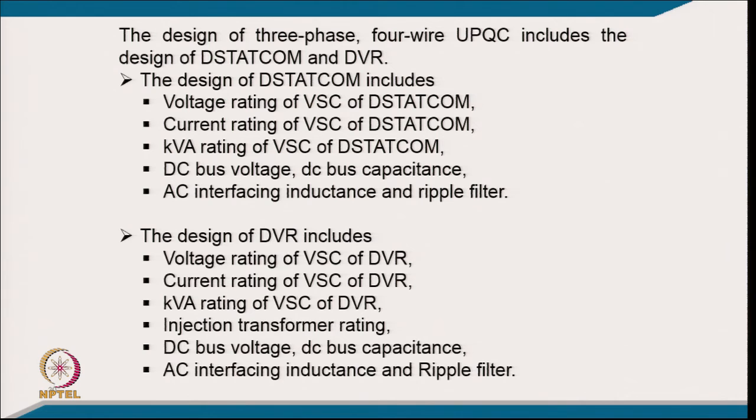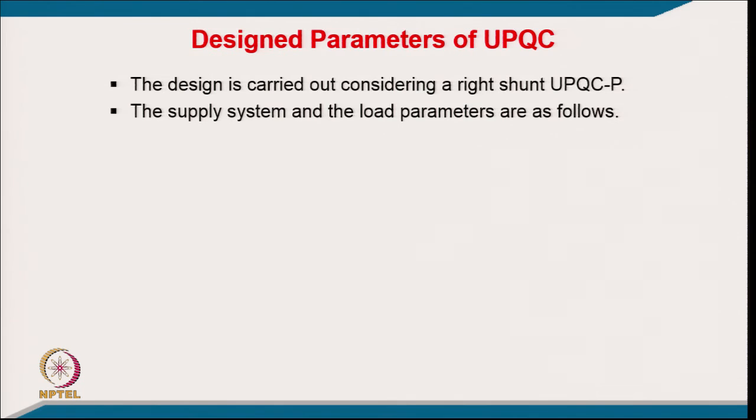The design of your DVR or series compensator includes the voltage rating, current rating and kVA rating of the voltage source converter of the DVR, injection transformer rating, of course its voltage and current rating on both sides and turns ratio, and the DC bus voltage of the DC bus capacitor, interfacing inductance and ripple filter design.